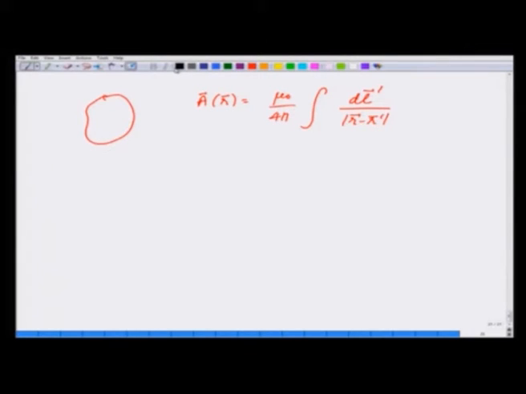Now, using Stokes' theorem, one can actually show that d l times a function f over a closed circuit is equal to ds cross gradient of that field f, integral over the surface.